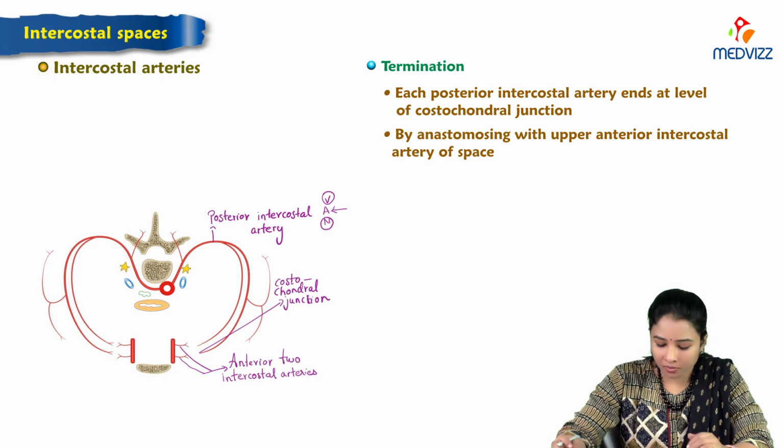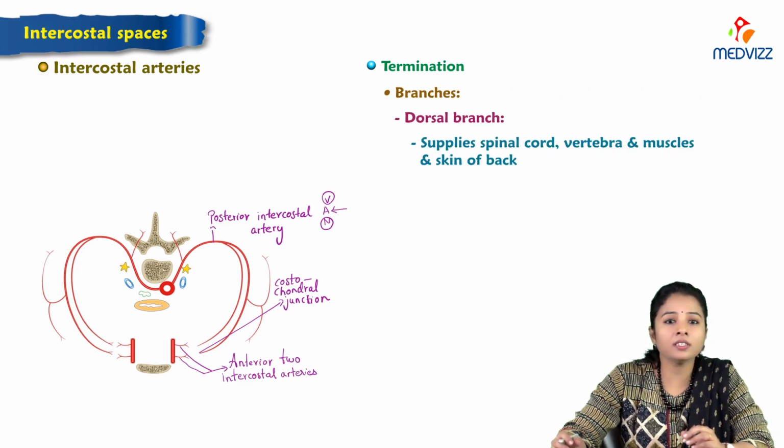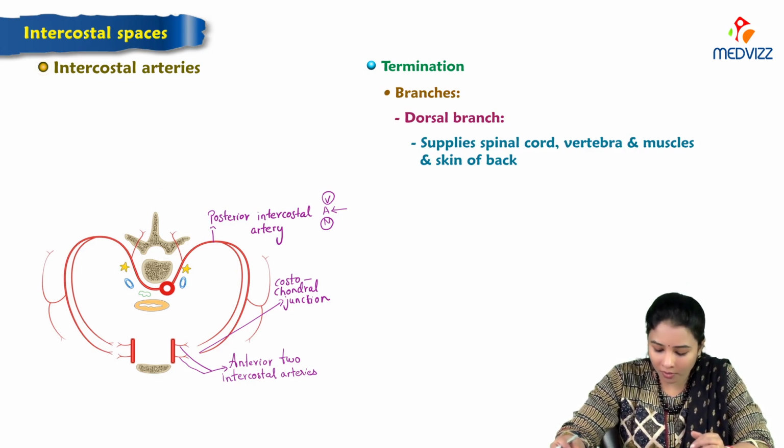So dorsal branch, let's see the branches. So dorsal branch, it supplies the spinal cord, vertebra and muscles and skin of the back.